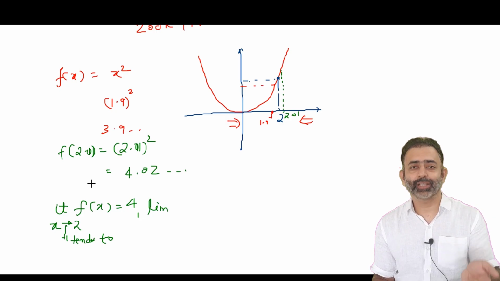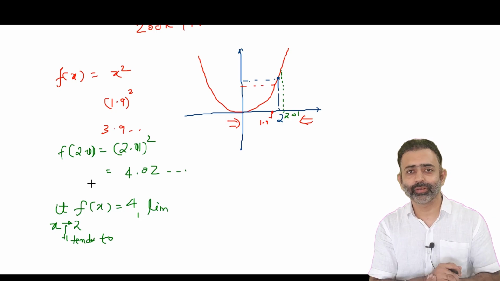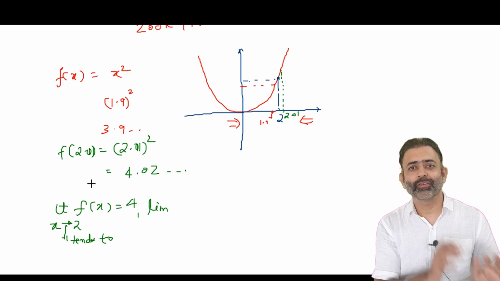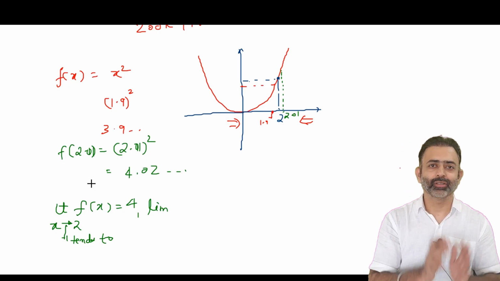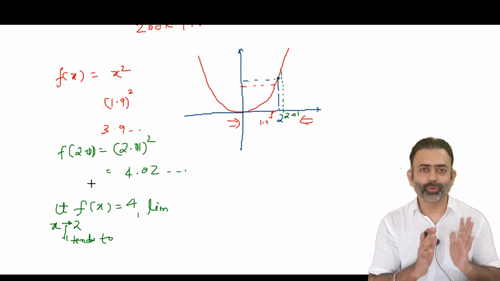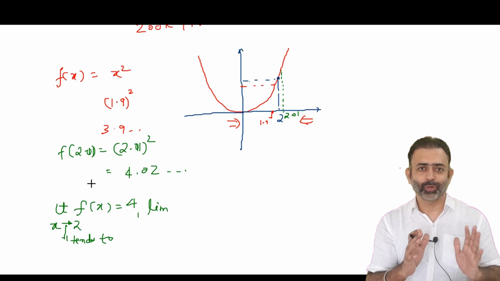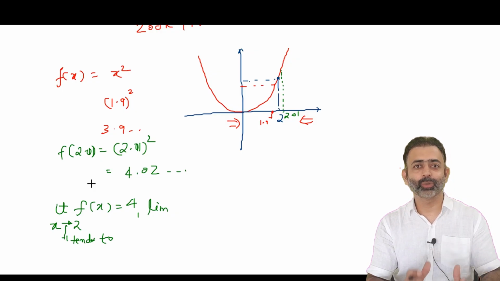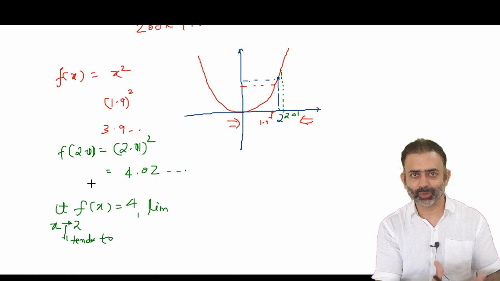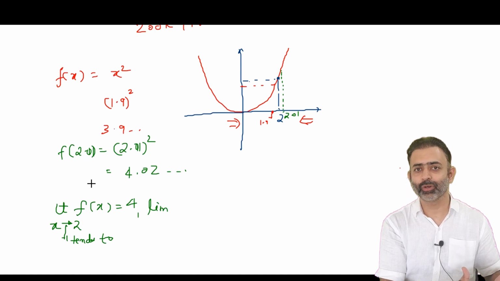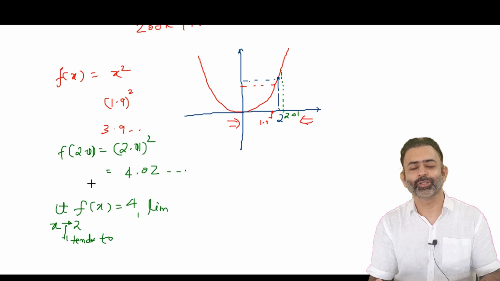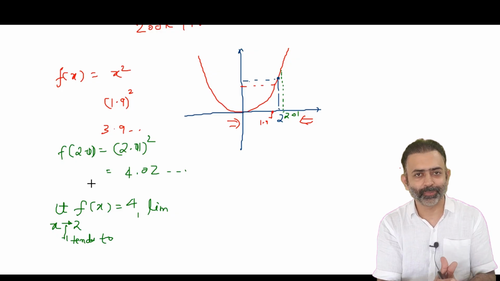Hence the function here is continuous, there is no break in the graph. That's why the limiting value and the value of the function both are coming out to be 4. You will understand this concept when we do continuity, and only then are we in a position to say that the function is continuous.